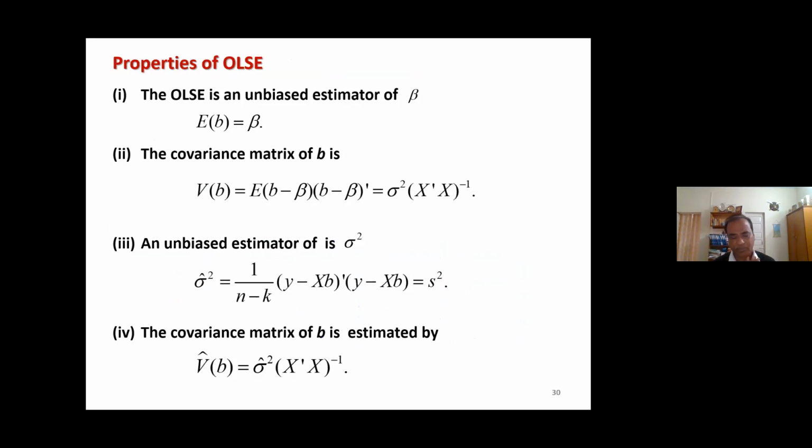Now, I just want to convince you why this expression of B, which you have obtained here, is trying to give you a good value. Whenever we are trying to estimate some parameter in statistics, you have to understand this is such a huge population. We are just having a small sample of data, and based on that, we are trying to estimate those values.